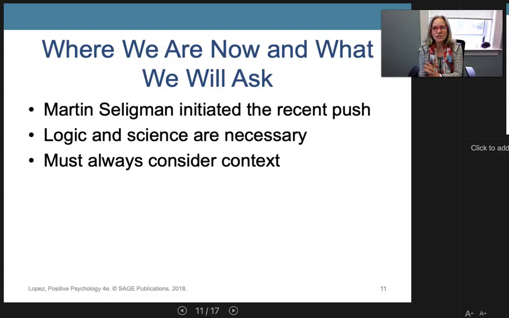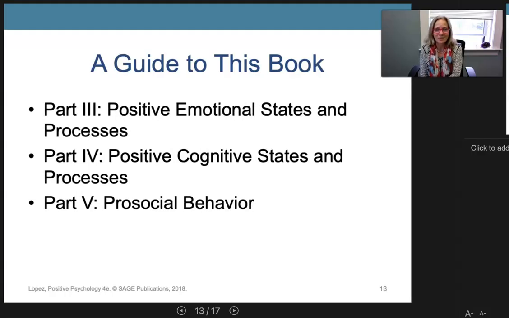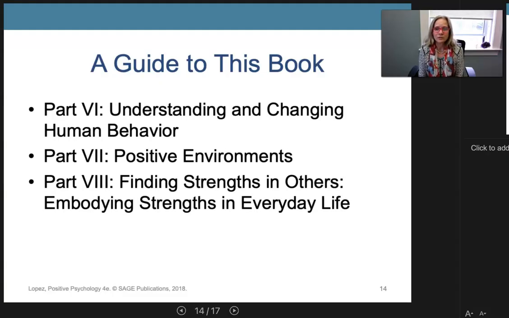So that's sort of an introduction to what positive psychology is about. And as we think about this book, it's broken into 8 parts, and we have 8 weeks of the course. So we are looking at it in that way. We're first understanding positive psychology, then we're going to look at it in context, look at those emotional states and processes, and then think about how we think about it, cognitive states, and pro-social behavior before we move into the last parts about understanding and changing human behavior and environments and strengths in others.